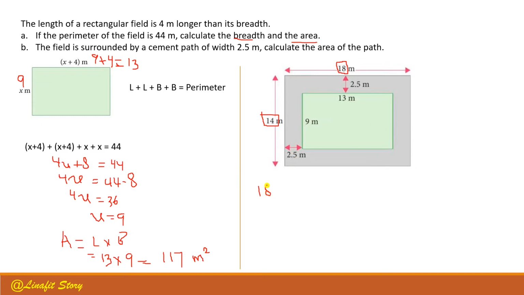So 18 times 14 is equal to 252. So 252 is the total area of the field and the cement path. And the question is calculate the area of the path. So 252 minus 117 is equal to 135 square meters.